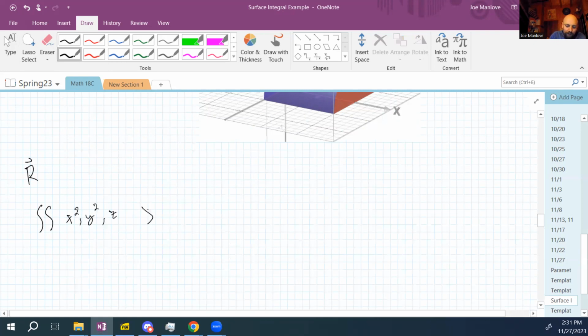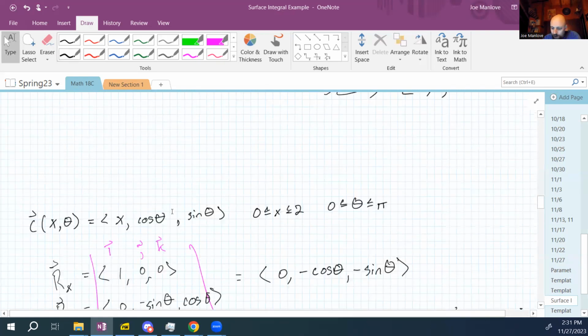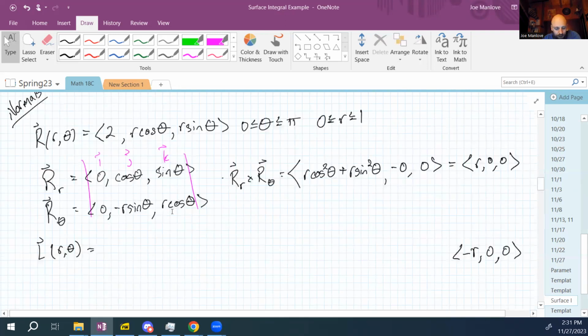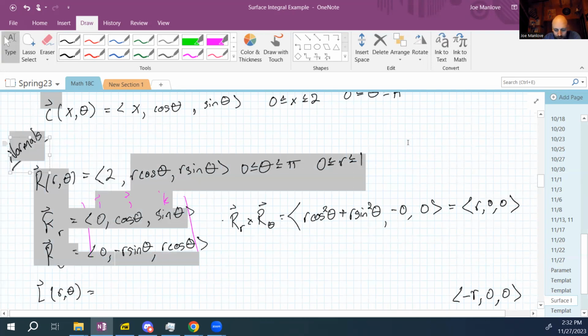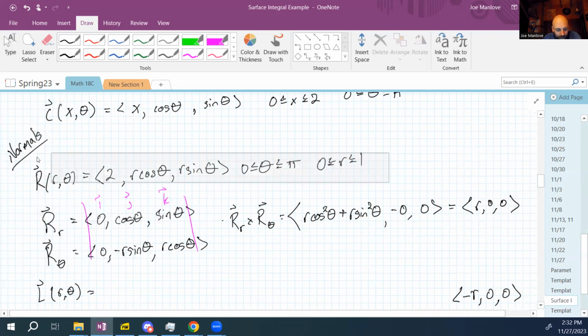I'm not real happy with that, so I'm going to leave myself some space because we might have to revise it. And then we're going to end up dotting with, when I look at right, it was r comma 0 comma 0. And I had this. Okay, so oops. Oh heck, Joe, your bad handwriting is really screwing you up here.